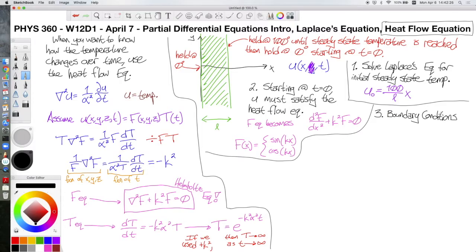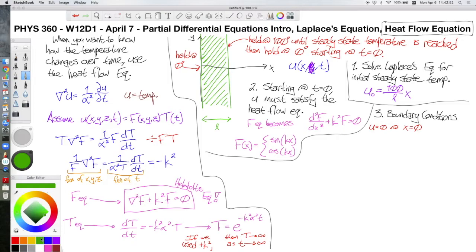So take a moment and see if you can work through this yourself to figure out what any of these solutions would have to look like, what value for k we need, whether we are going to have to discard any of our solutions. So one of our boundary conditions is that the temperature has to be equal to 0 at x equals 0.